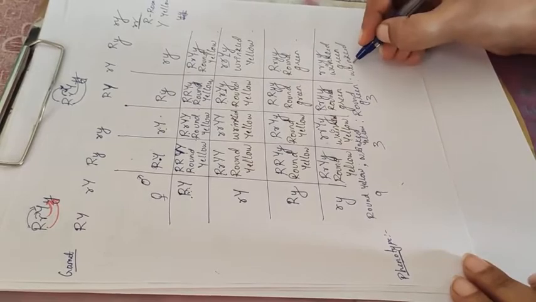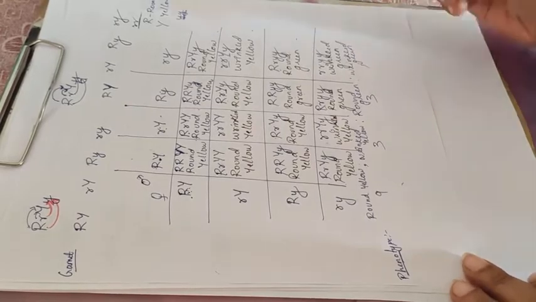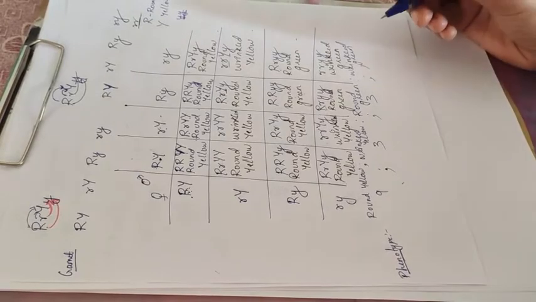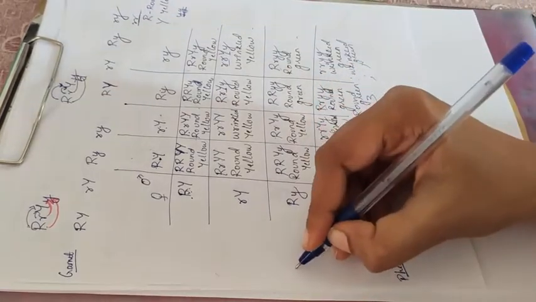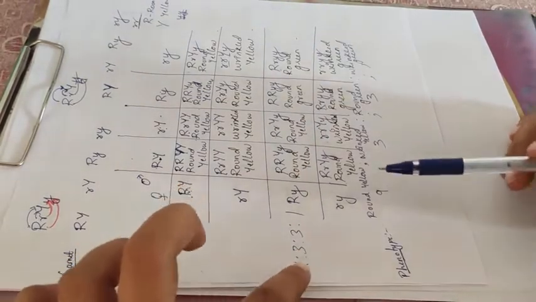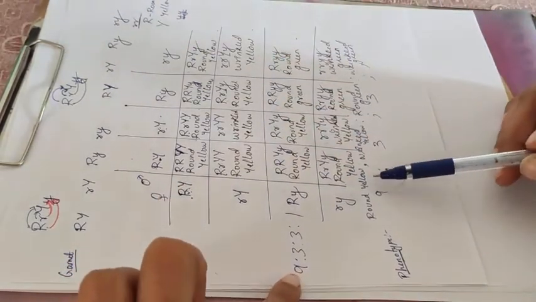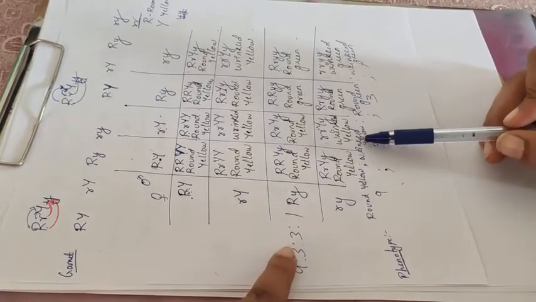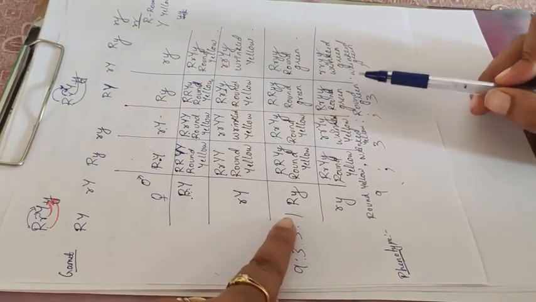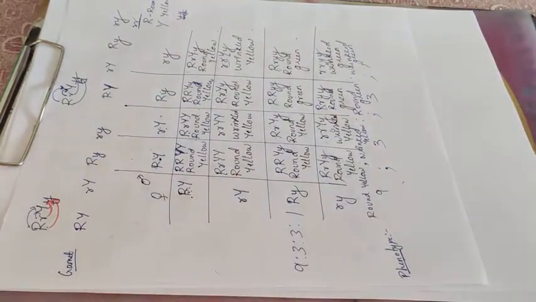How many of them are wrinkled and green? It is 1. So here the phenotypic ratio of a dihybrid cross is 9:3:3:1. Nine out of 16 are round yellow, 3 are wrinkled yellow, another 3 are round green, and 1 is wrinkled green. This is the phenotypic appearance.